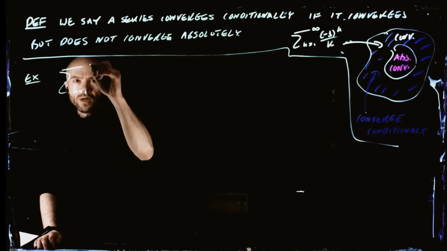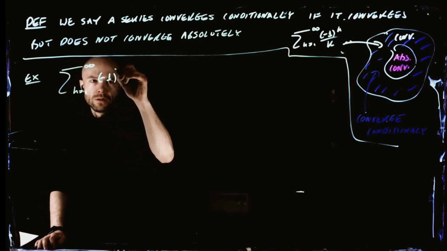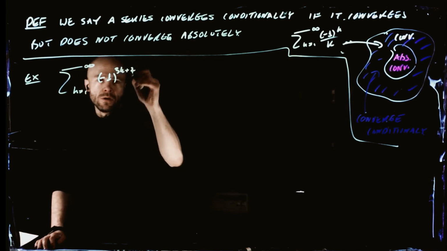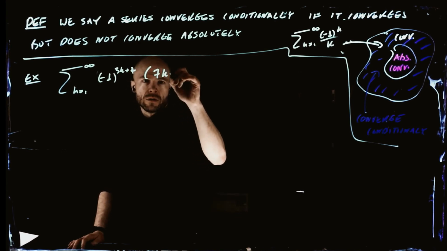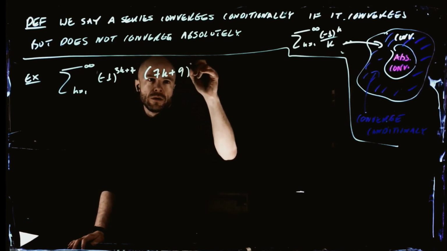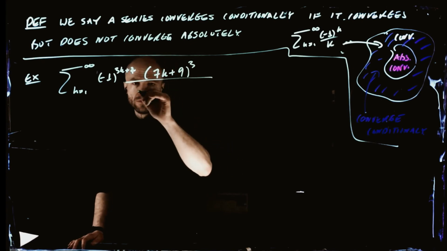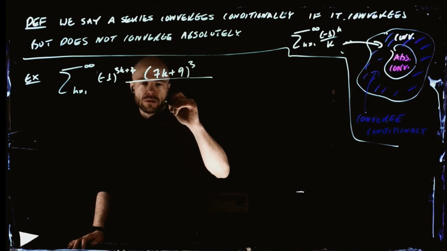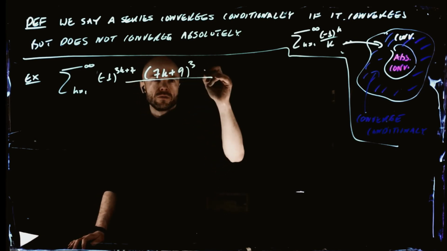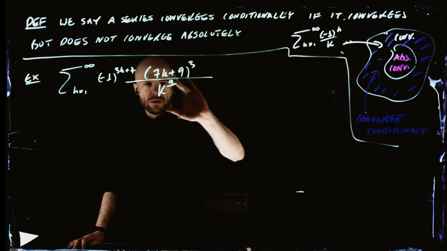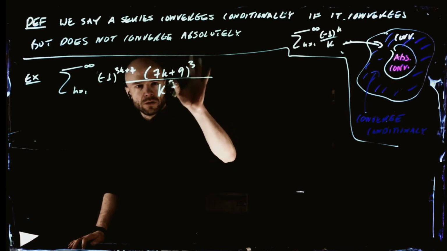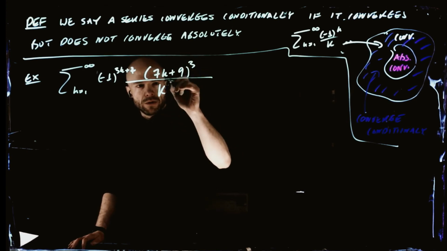Suppose we have the sum from k equals 1 to infinity of minus 1 to the 3k plus 4, times 7k plus 9 to the 3, over k to the power 3, like this.